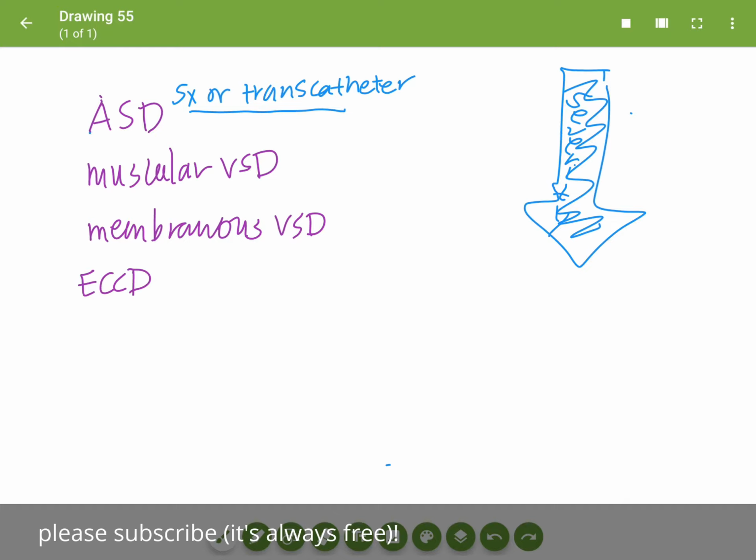So that really determines whether you go for medical management or surgical management. And usually you would end up going for surgery in the first year.